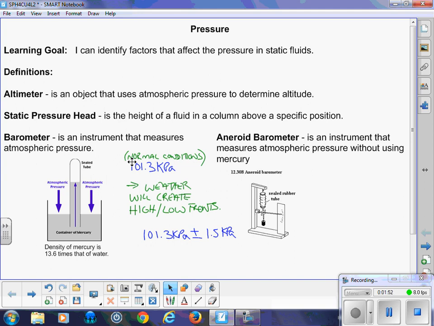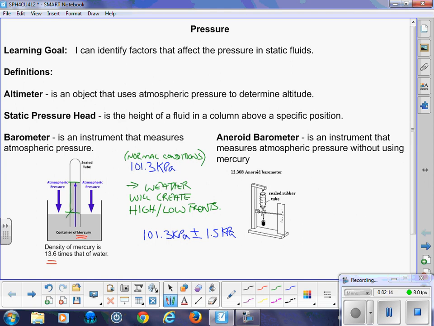So a barometer measures that, and then you can see over here in the diagram, the barometer works with mercury in it, and mercury they use is because it's 13.6 times that of water, so it's a very, very dense liquid. And this is an example of static pressure head right here.